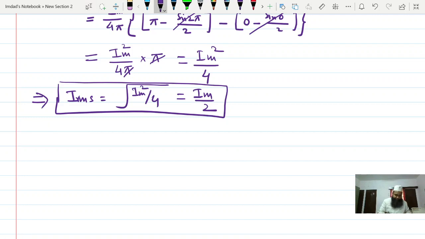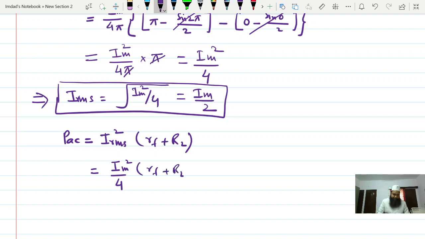Now we can calculate AC power. PAC equal to IRMS square, RF plus RL. AC power will be equal to the sum of power dissipated in the diode and power dissipated in the load. We can write Im square by 4, RF plus RL.